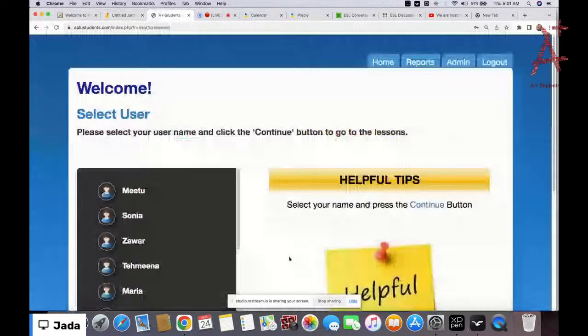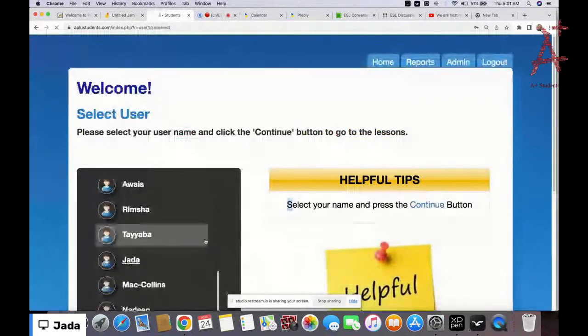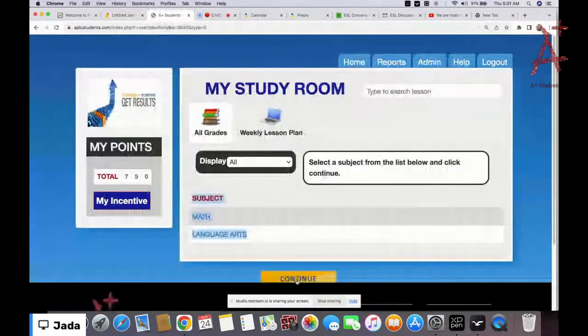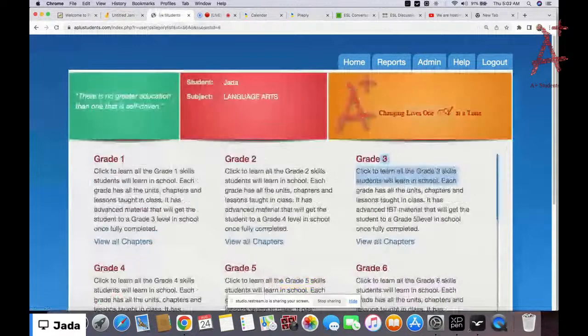Okay, so click on your name. This is where you find the names. Just scroll down to wherever your name is. You click on it, and then you move on to language art. Then you find the grade that you are working on, which is grade 3.